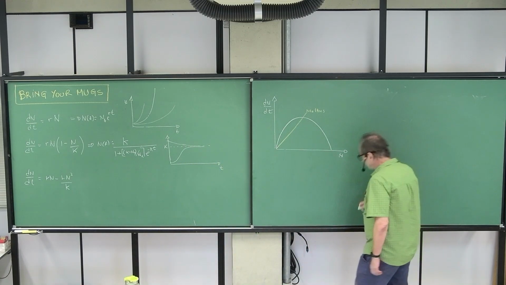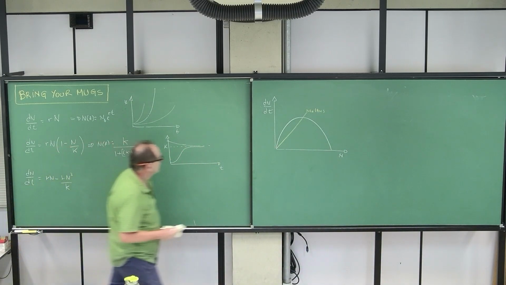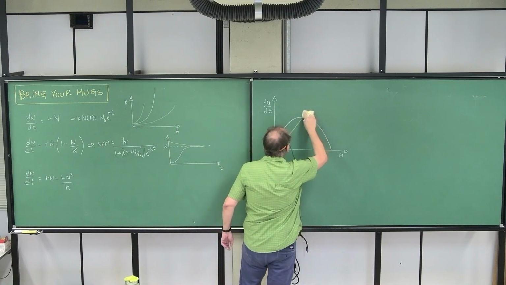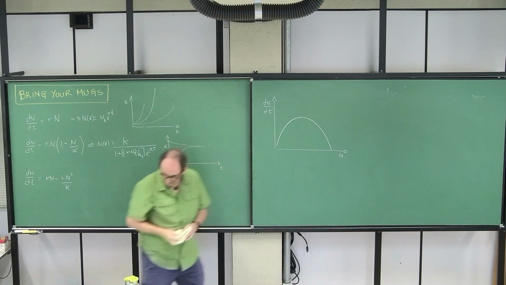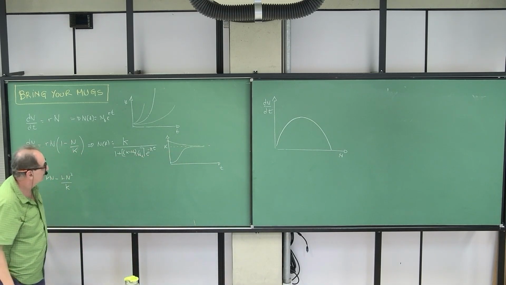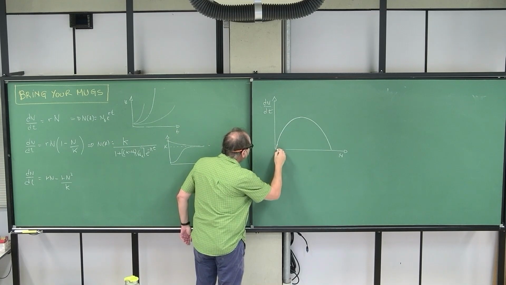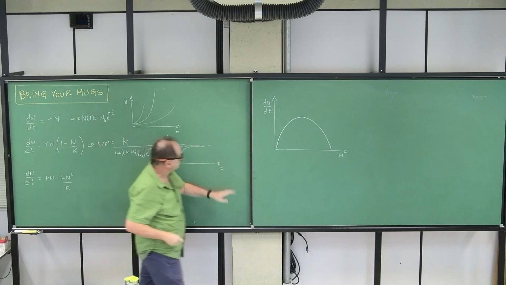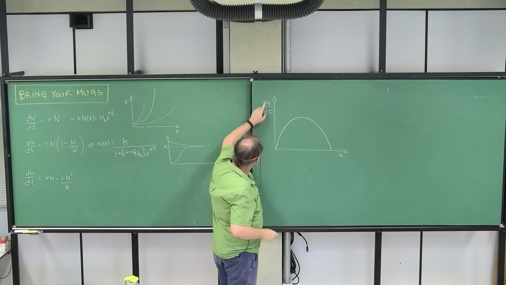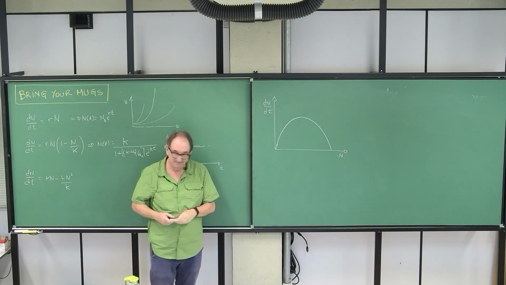Let me redraw. I don't want Malthus to stay here, it's no matter. So this is the logistic, and it goes to 0 here. Now, let's look at the point where dn dt is equal to 0 on the line.